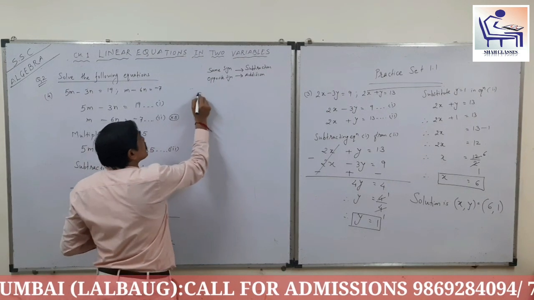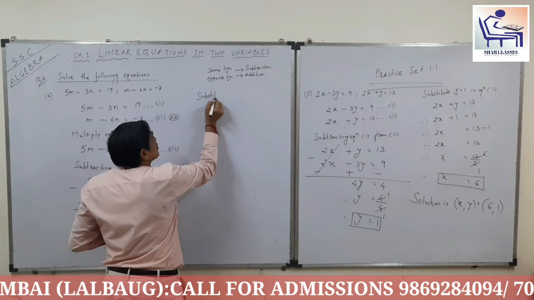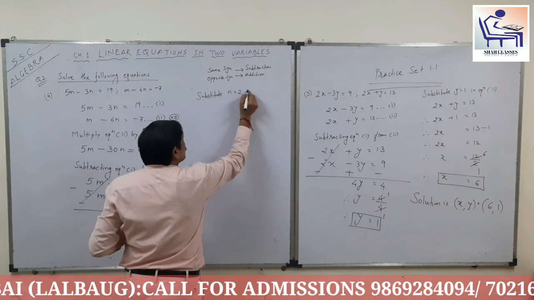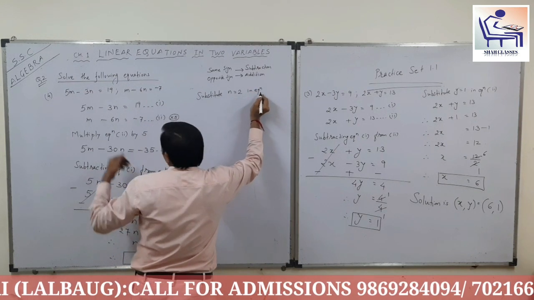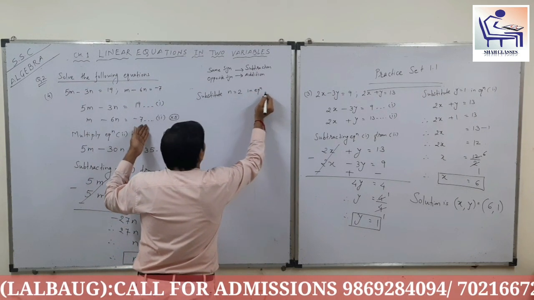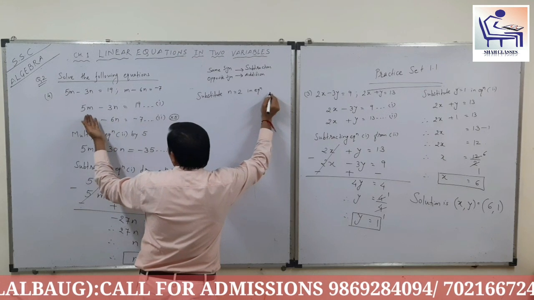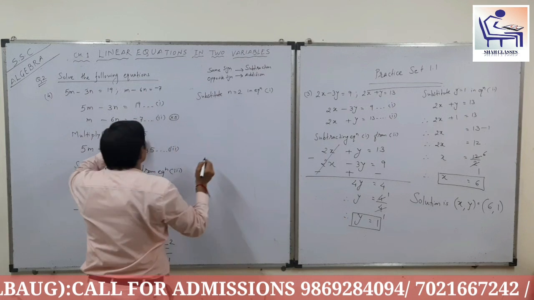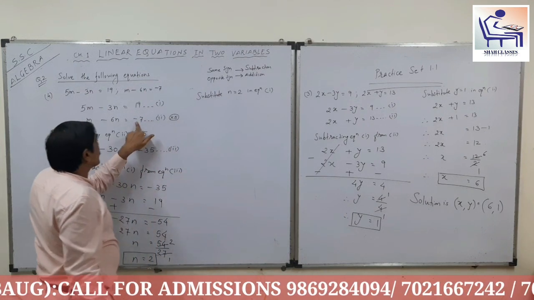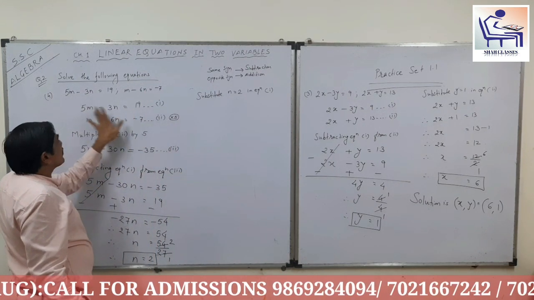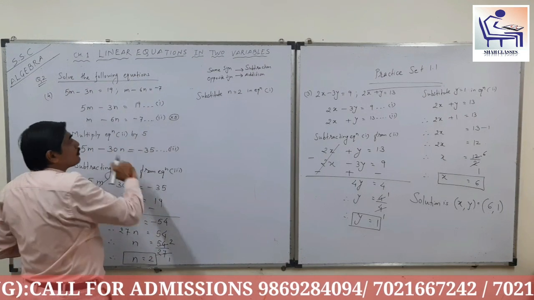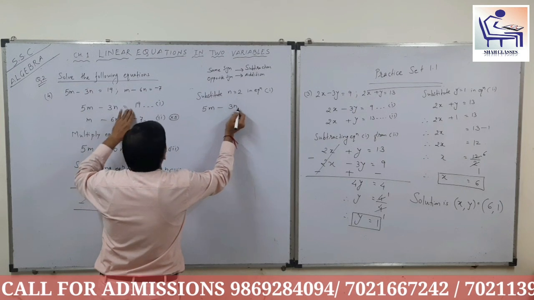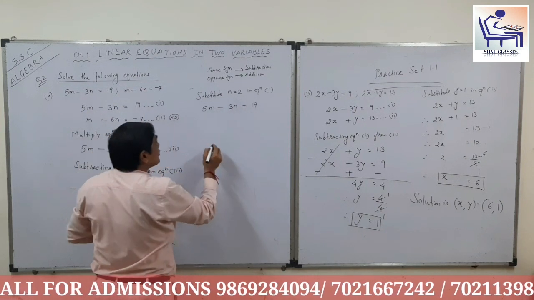Now substitute n is equal to 2 in equation 2. Or we can take this also, but I'll take equation 1. It seems easier, because of this minus sign. I'm not going for this equation. I'm going for this equation as we can see the least problem. So 5m minus 3n is equal to 19.